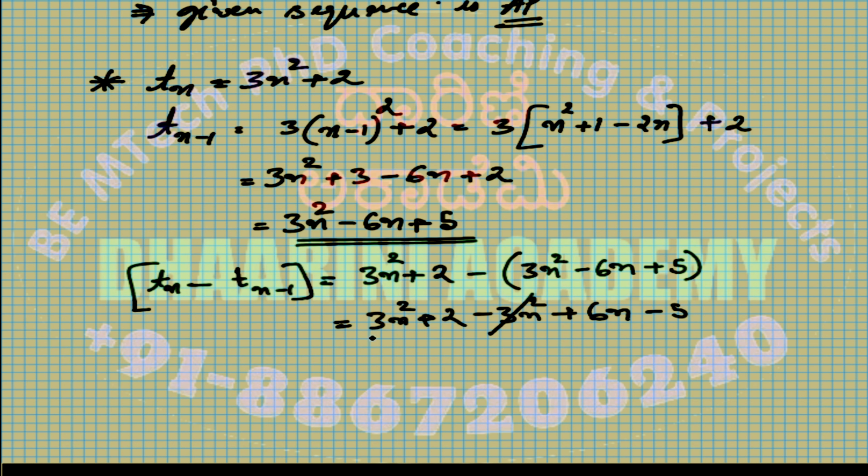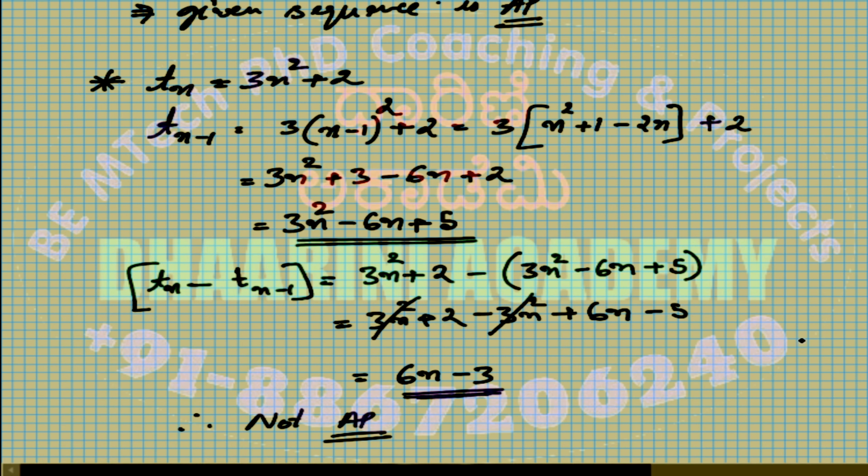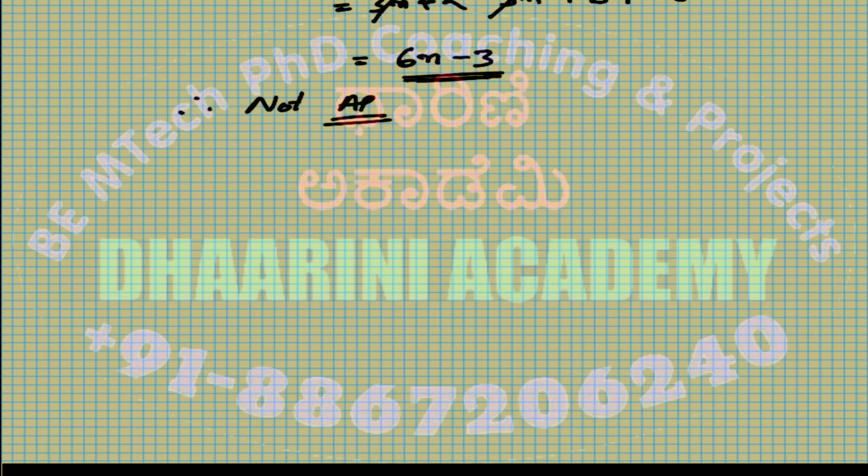The 3n square cancels, so the difference becomes 6n minus 3. Now we can confirm that there is an n present, so the difference has a term n in it. Therefore your conclusion is not arithmetic progression. This is how we check whether a given sequence is in AP or not.